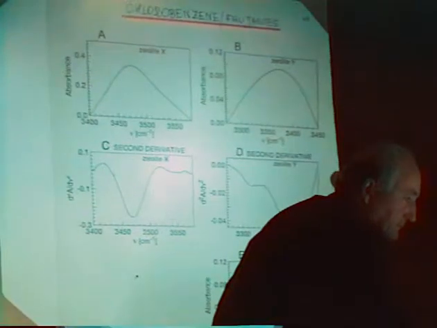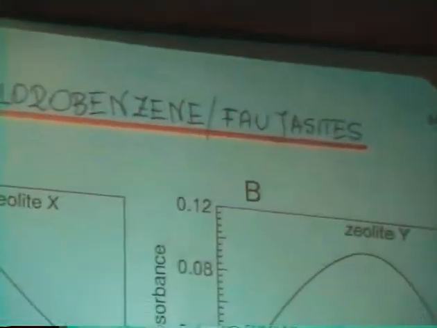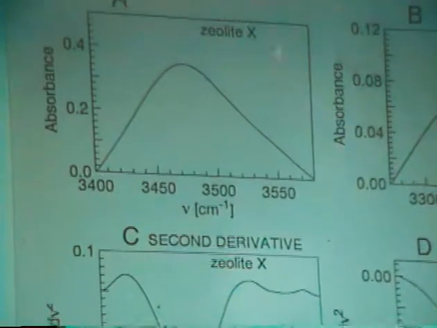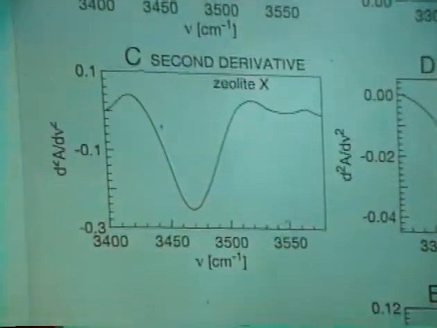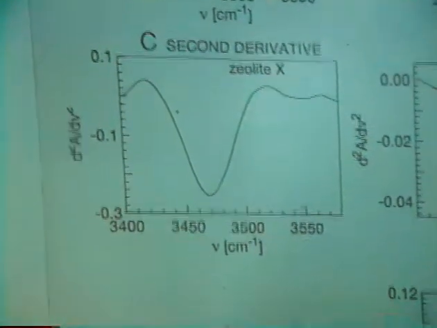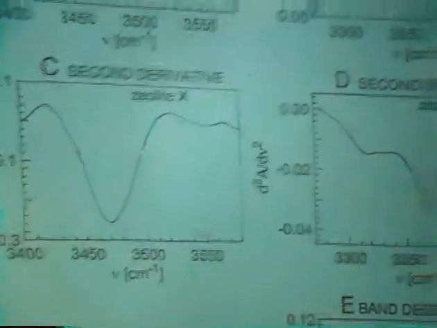And now the IR data. Those are the spectra of hydroxyl groups engaged in hydrogen bonding with chlorobenzene, in the case of X zeolite and in the case of Y zeolite. And those are second derivative diagrams.